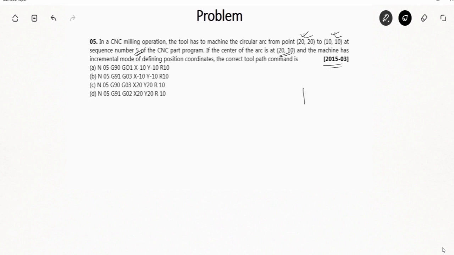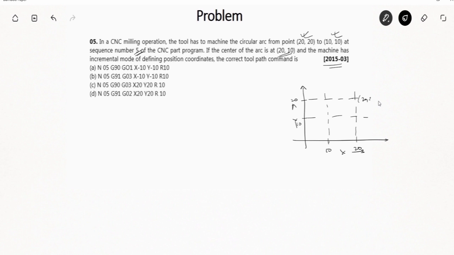First of all, I will try to plot the coordinates. This is the x coordinate, this is the y coordinate. Let's say this is 10, this is 20, similarly this is 10 and this is 20. I am just trying to plot it.